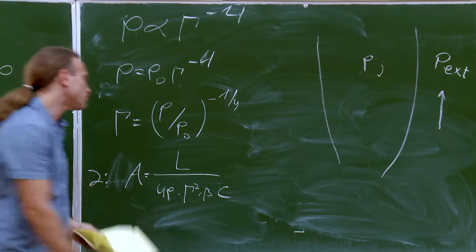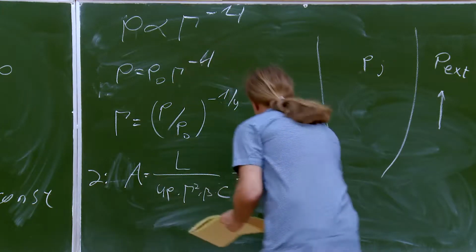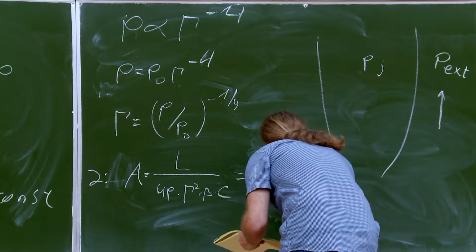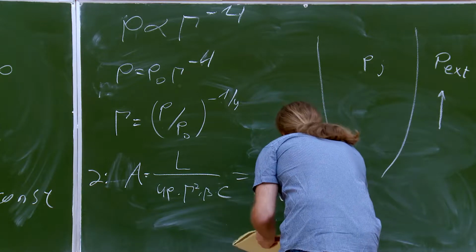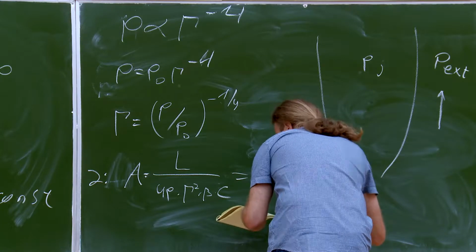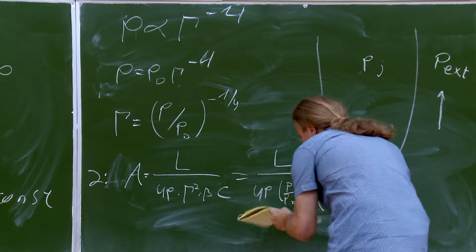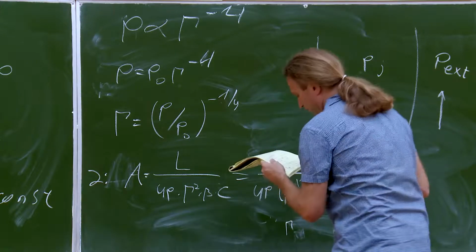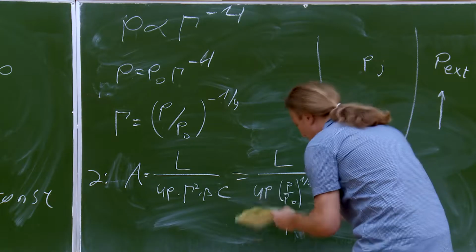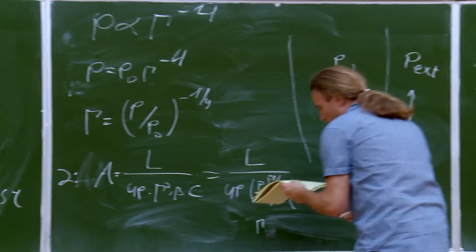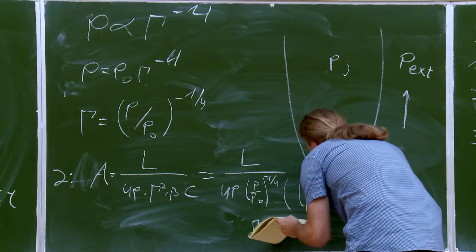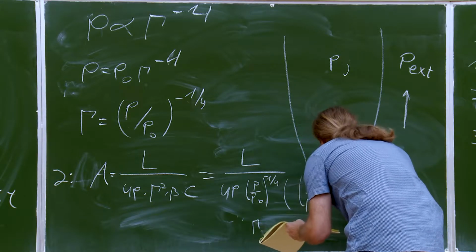I can substitute instead of gamma square, and put that also in beta. So this is equal to L divided by 4P times P divided by P0 to the power of minus 1/4, and here I have P0 divided by P to the power of 1/2 minus 1.